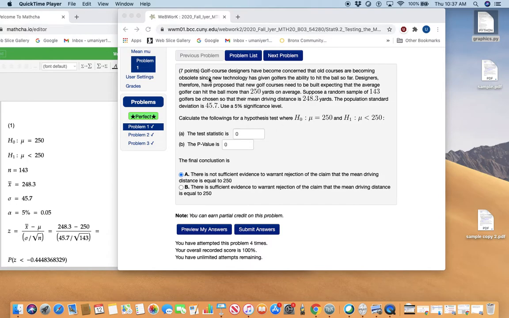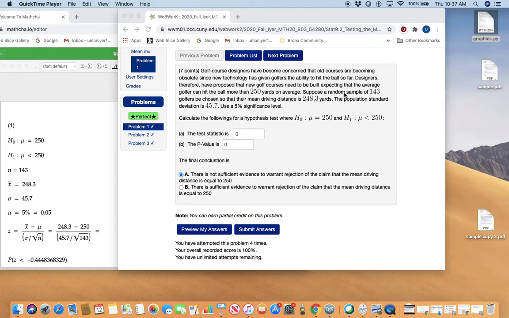Problem 1. Golf course designers have become concerned that old courses are becoming obsolete since new technology has given golfers the ability to hit the ball so far. Designers therefore have proposed that new golf courses need to be built, expecting the average golfer can hit the ball more than 250 yards on average.